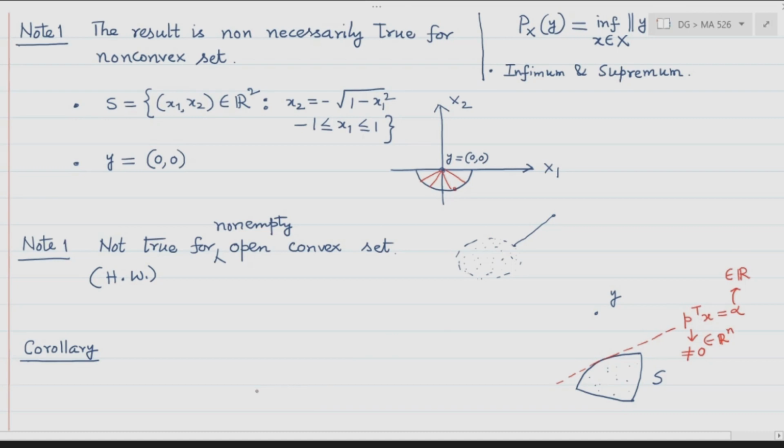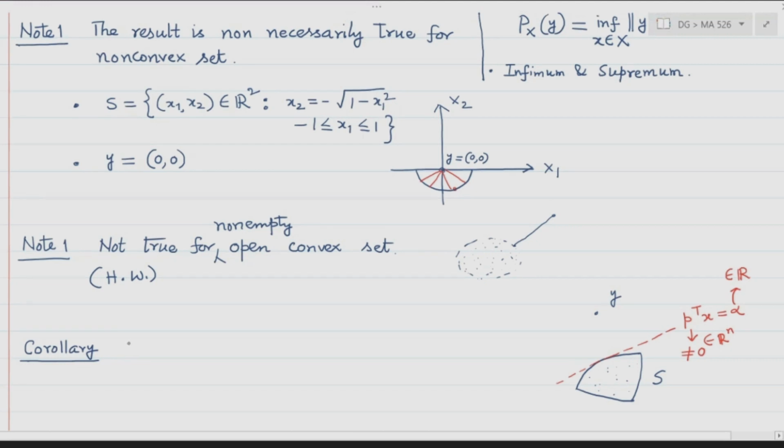So the corollary that I am going to mention is the following: if y is an element outside a non-empty closed convex set S, then there is a hyperplane that separates out the element y and the entire set S. By separates, I mean on one side of the hyperplane the entire set S lies, and on the other side the element y lies. Now let me just prove it, although this is geometrically vivid to us.